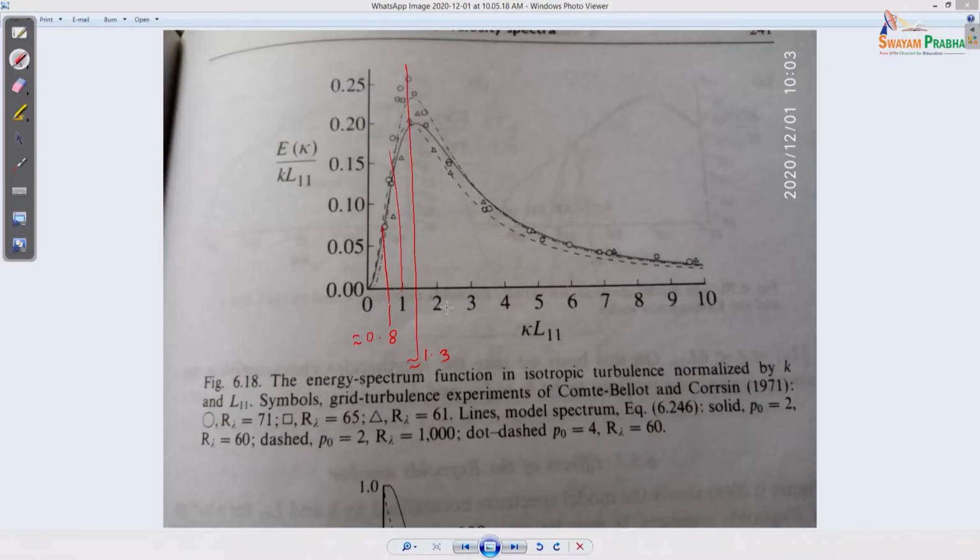I see that the energy peak in the spectrum is at a wave number of about 1.3, and for wave number 1, anything less than 1 has about 10% of the energy.